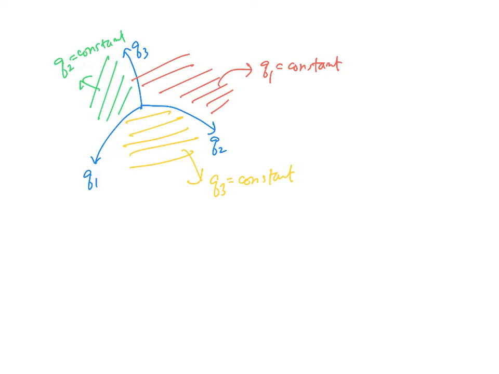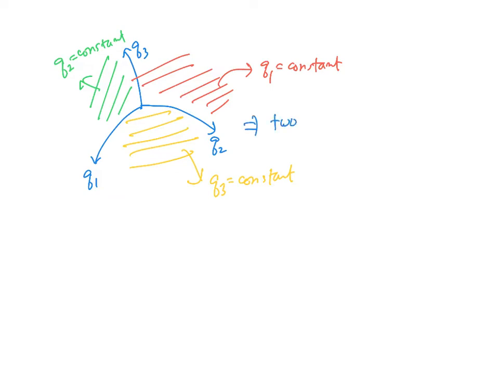Likewise, the Q3 axis can be defined by two surfaces meeting perpendicular to each other, one where Q2 is constant, another where Q1 is constant. It's either way. So any two perpendicular surfaces define the axis.